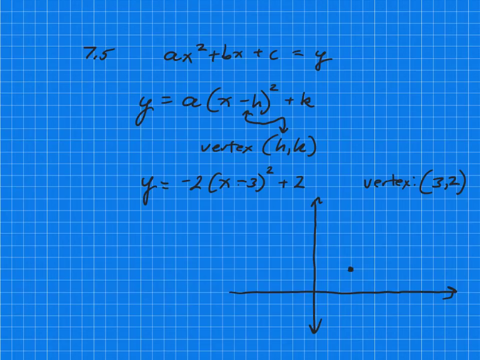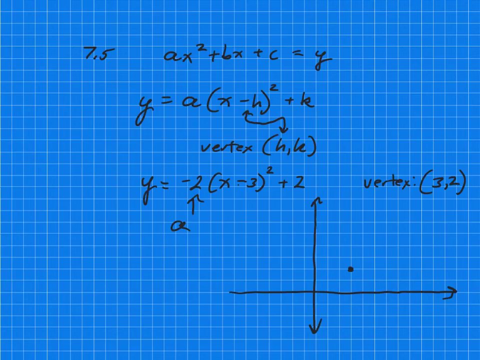And one of the things we've been talking about is this value of negative 2, which is the value of a. To understand what that 2 does, we've been likening it to slope. The bigger the number is, the steeper the sides of the parabola are.